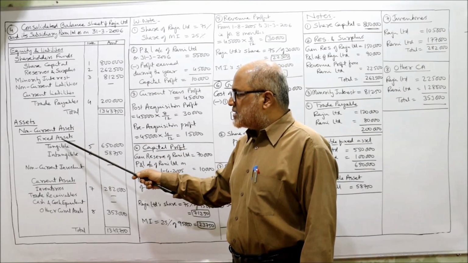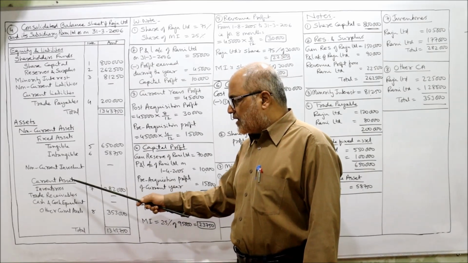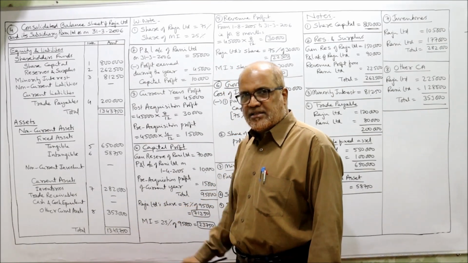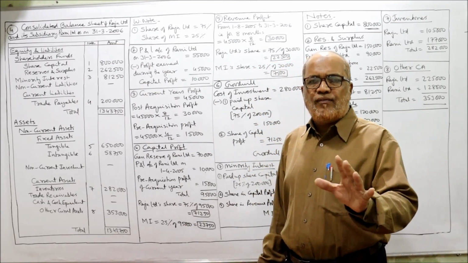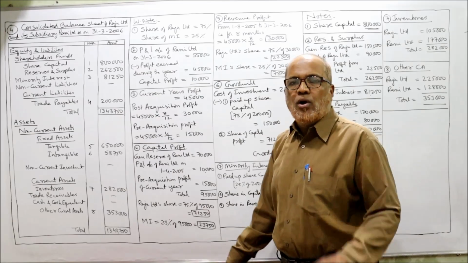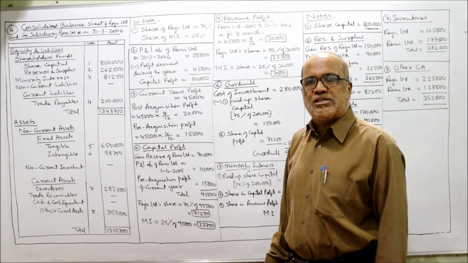Total. Non-current assets, fixed assets, tangible, intangible. Non-current investments, current assets, inventories, trade receivable, cash and cash equivalent, other current asset. As usual, in every problem we will first make the blank balance sheet with note numbers. All these amounts we have to calculate in the notes forming part of financial statements.